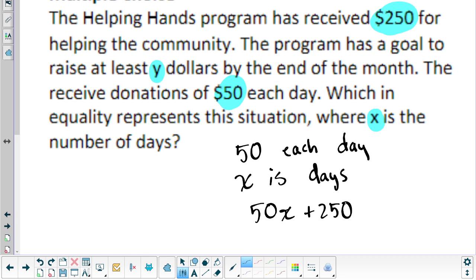All I have to think about is, do I want a greater than, less than, greater than or equal to, or less than or equal to sign in this inequality? I know that I want to raise Y dollars.